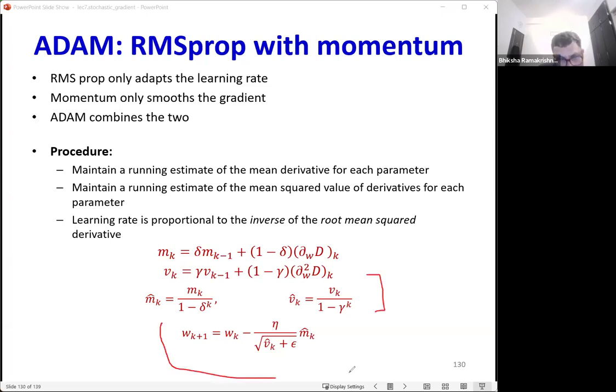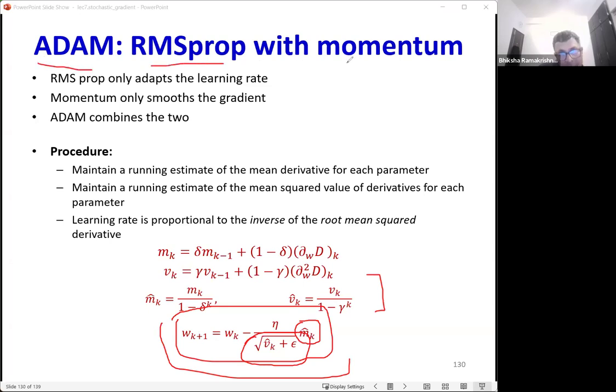If you focus on this guy, this is the same as your standard gradient descent rule, except here you're using the running average of the derivative and you are normalizing by the inverse of the RMS value of the derivative. So Adam is simply RMSProp plus momentum. Is this making sense to all of you? Yes or no?